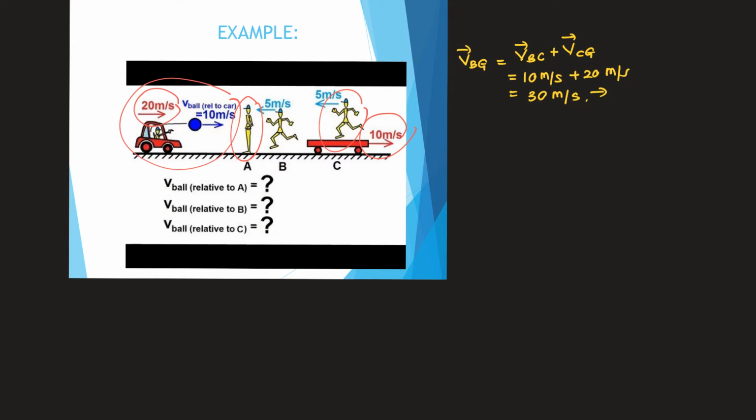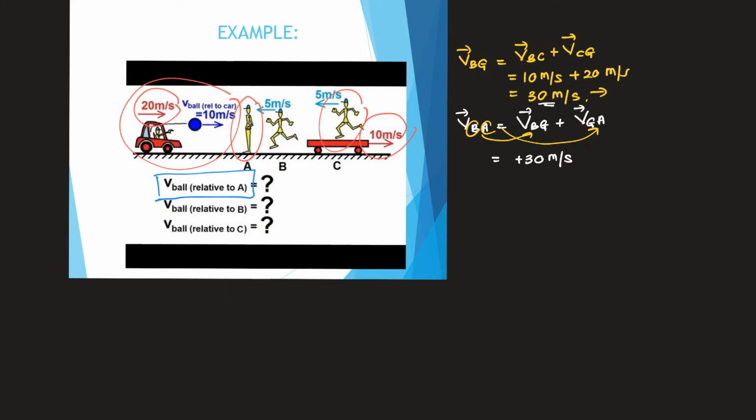The question asks you to find the velocity of the ball relative to A. Therefore, the equation is going to be the velocity of the ball relative to A. So it's going to be the velocity of the ball relative to ground, because the object over there is only ground, and the velocity of the ground relative to A. Please take note, the first subscript goes with the first part, and the second subscript with the second part. Okay, that's how we do it. So the velocity of the ball relative to ground, we already found, which is 30 meter per second, moving to the right.